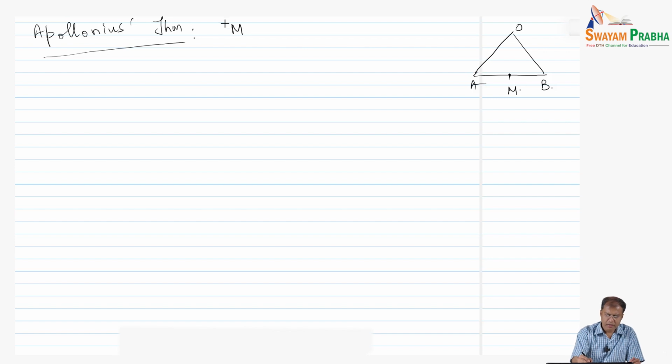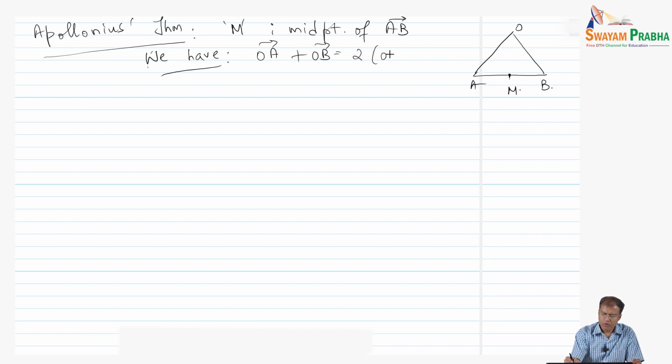Okay. So now the theorem says that let the point M be the midpoint of this line segment AB, and we have to show, well, the result says that OA square plus OB square is equal to 2 times OM square plus 2 times AM square.